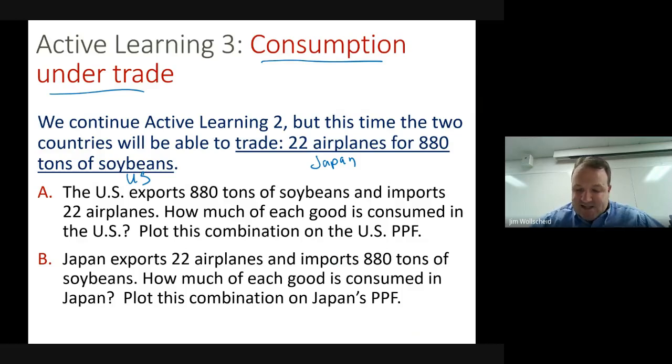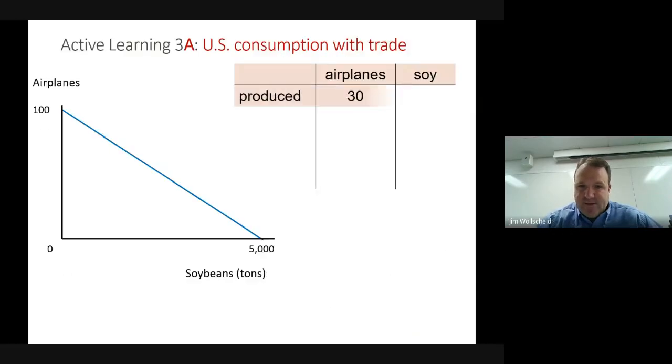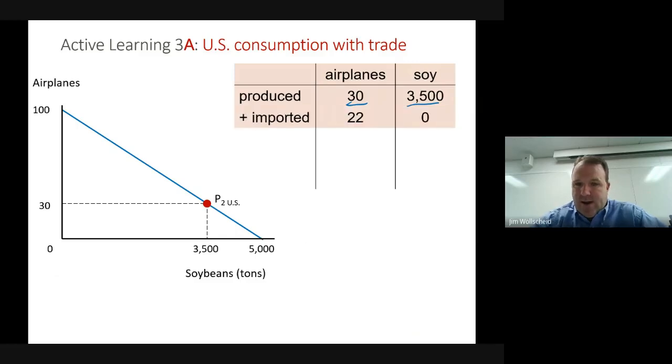So if you go back in the slides, I found a point for each country and I plotted it on its PPF. For the United States, I found a point where they were self-sufficient, at 30 airplanes and 3,500 tons of soy. So now remember what we offered here. 22 airplanes from Japan.